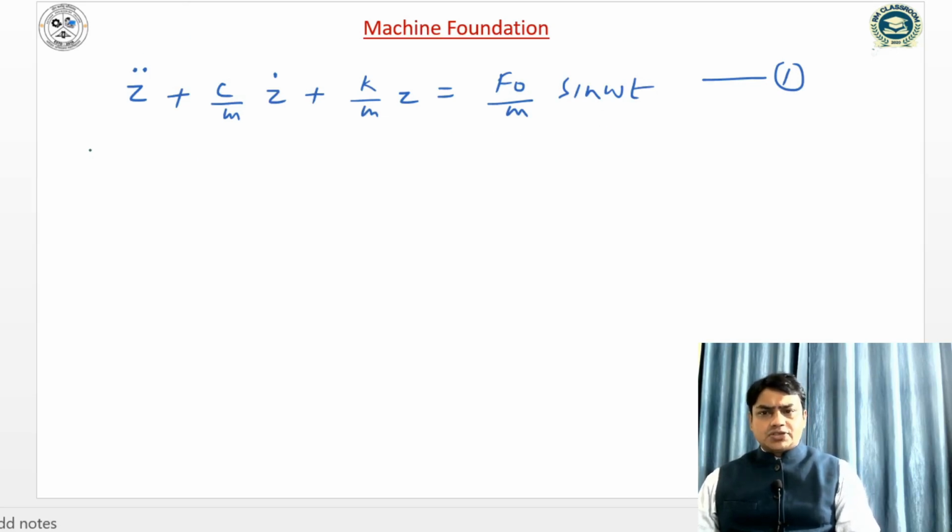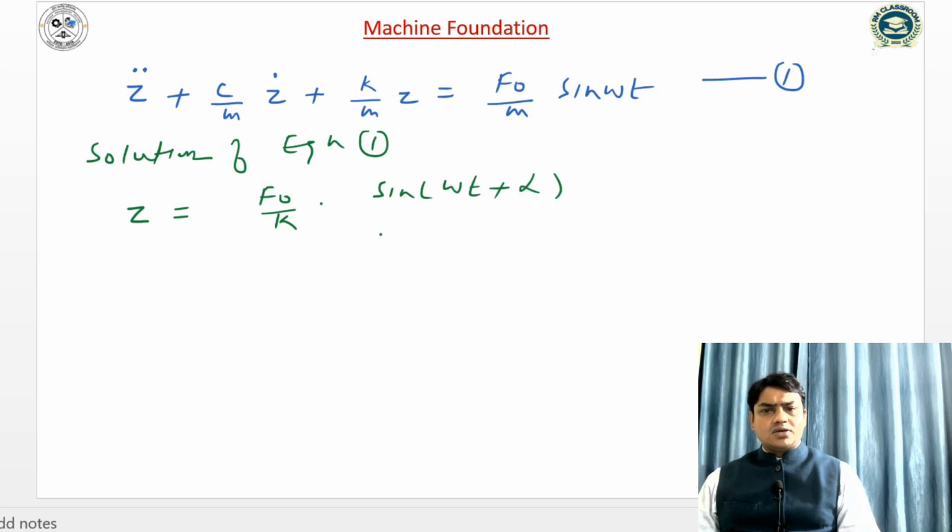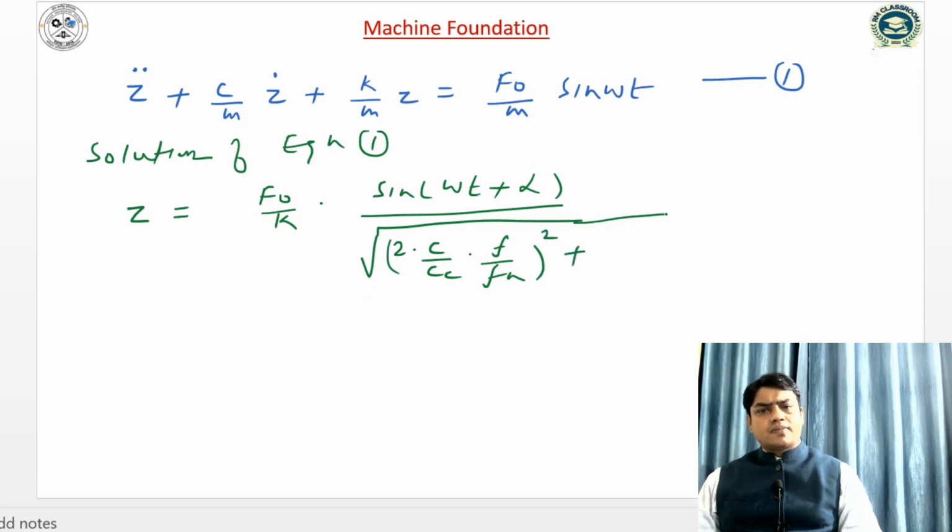So the solution of this equation can be written as z is equal to F naught by k into sine omega t plus alpha divided by square root of 2 into c by cc into f by fn whole square plus, it can also be written as 1 minus f by fn whole square to the entire whole square.